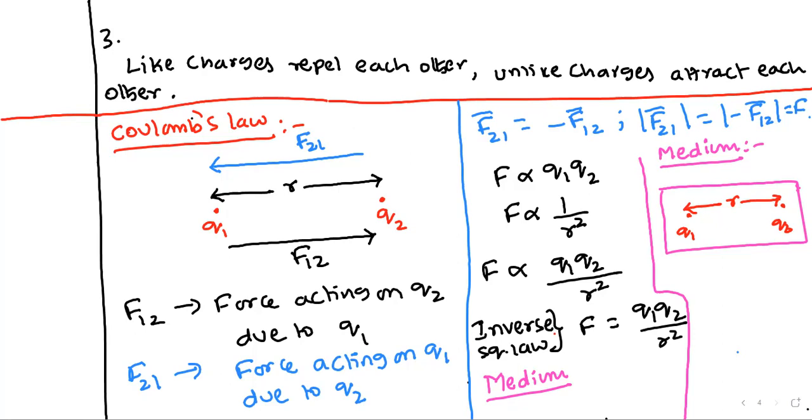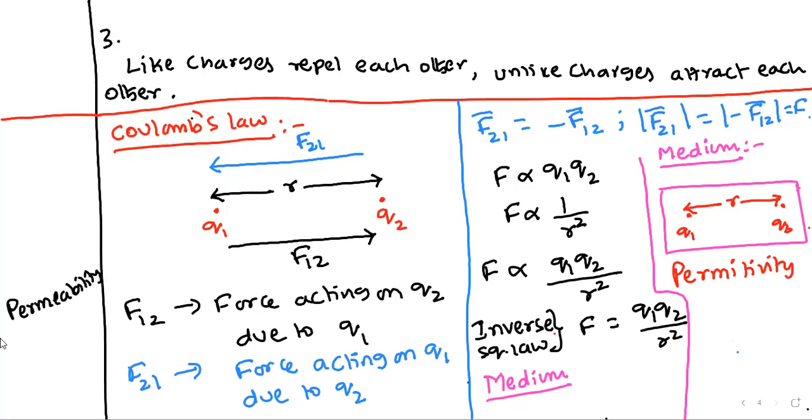So, in order to explain which property changes, Coulomb considered that in electricity we have a property called permittivity. In magnetism, we have the property called permeability.